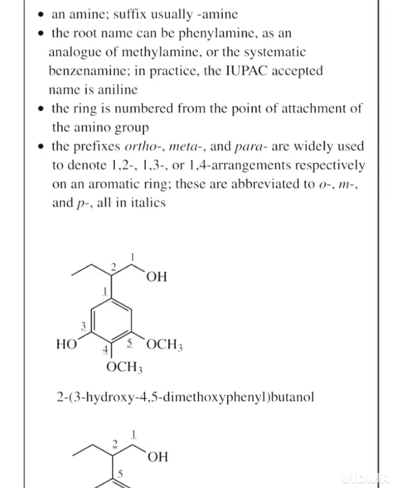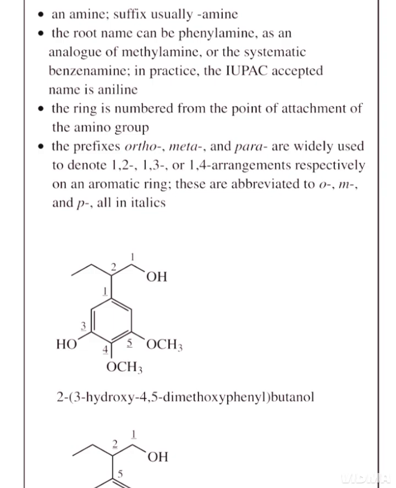The ring is numbered from the point of attachment of the amino group. So when we number aniline, it is not as we would desire, but it is a principle that we should obey.